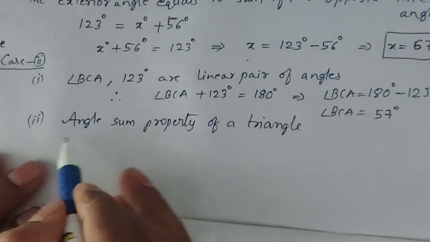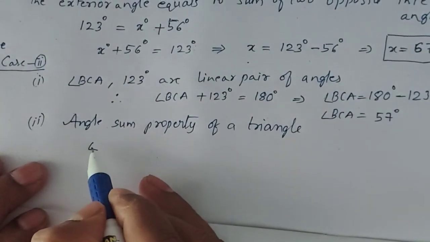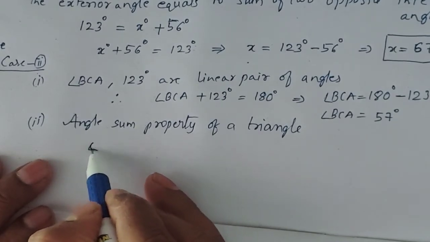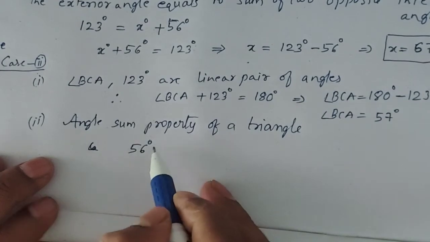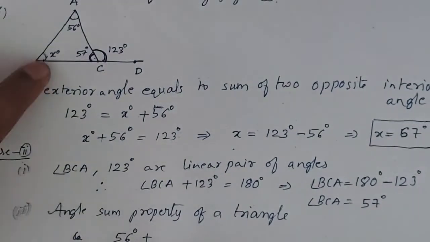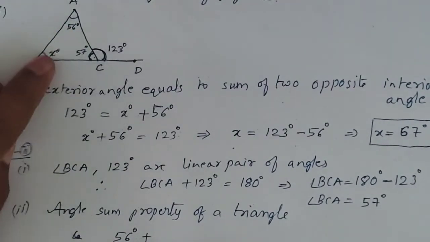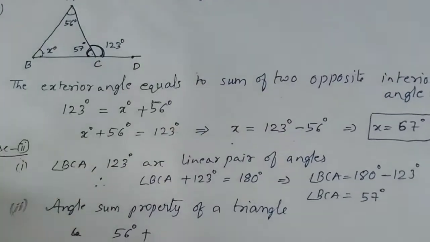So I'm writing 56 degrees plus x degrees plus 57 degrees, the sum of these three equals 180.